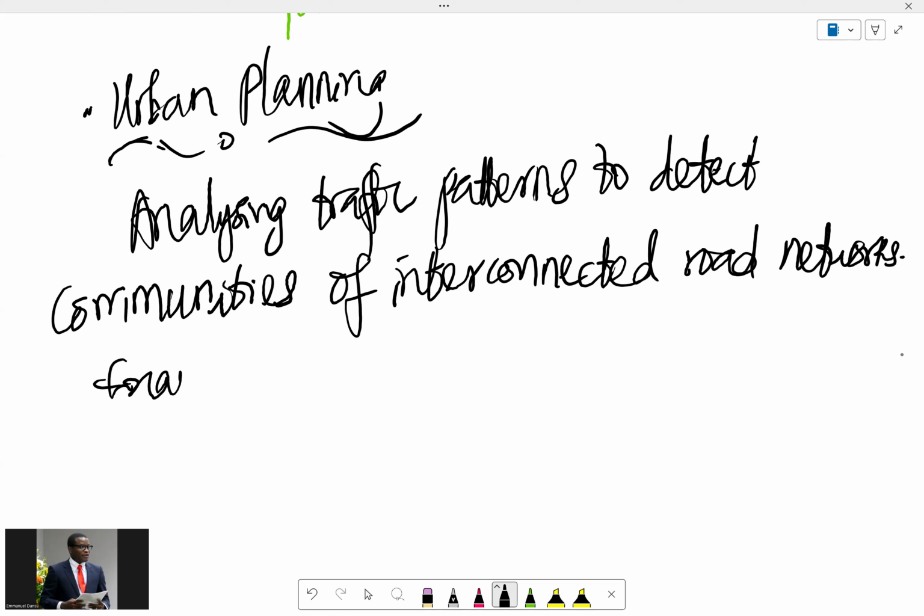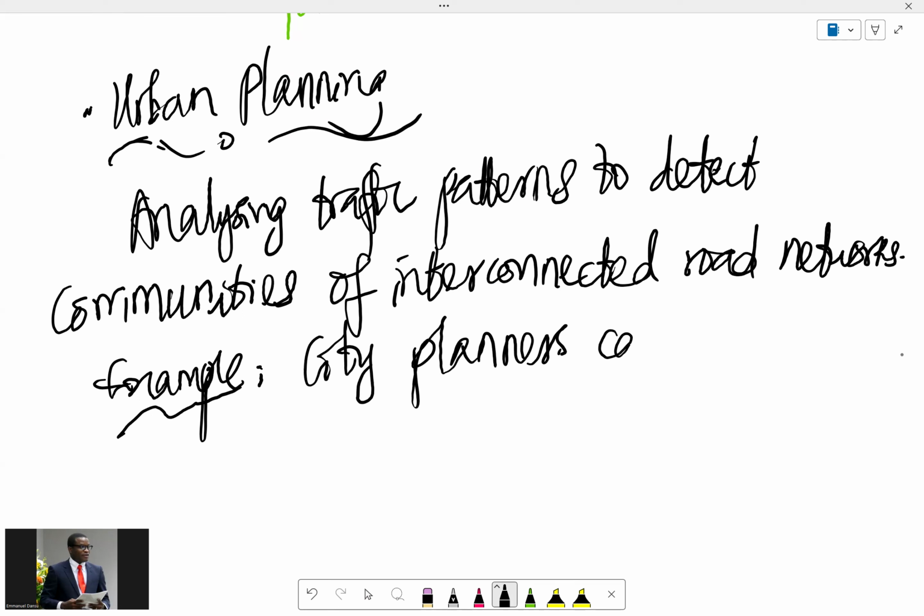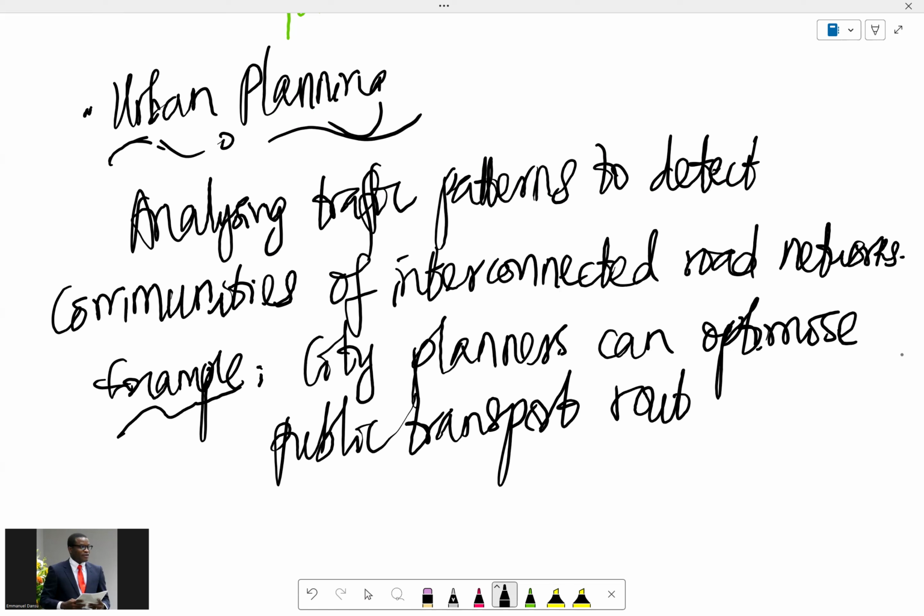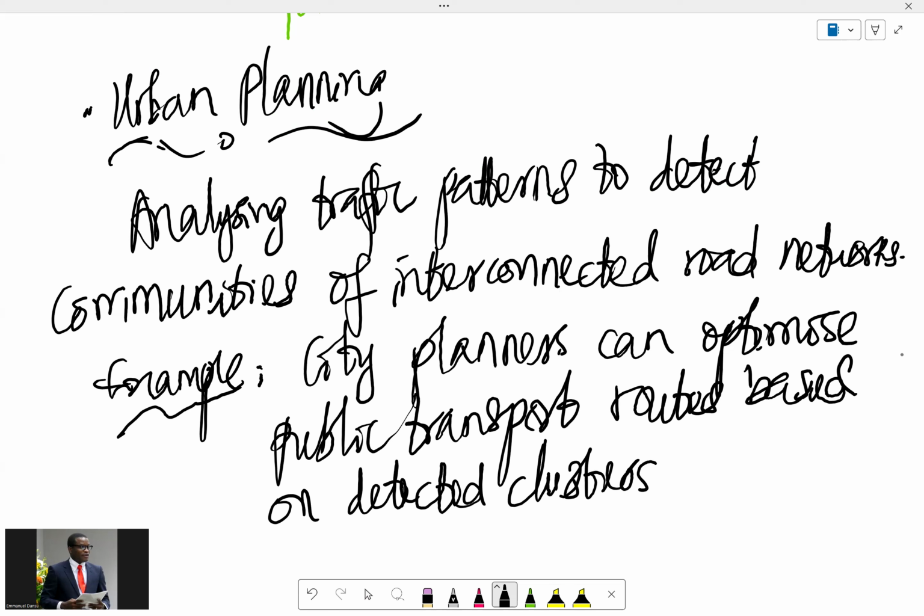For example, city planners can optimize public transport routes based on detected clusters of high traffic flow.